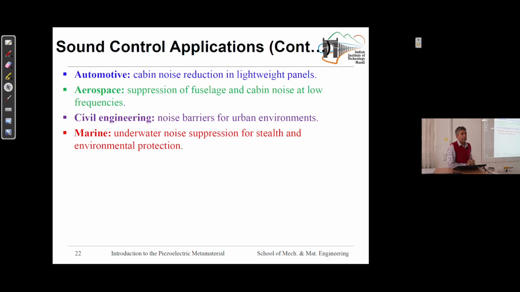For example, people have used it to control the vibrations of a turbine blade. You see, a turbine blade is not thin, and they have shown successfully that piezoelectric metamaterials can be used for this purpose.